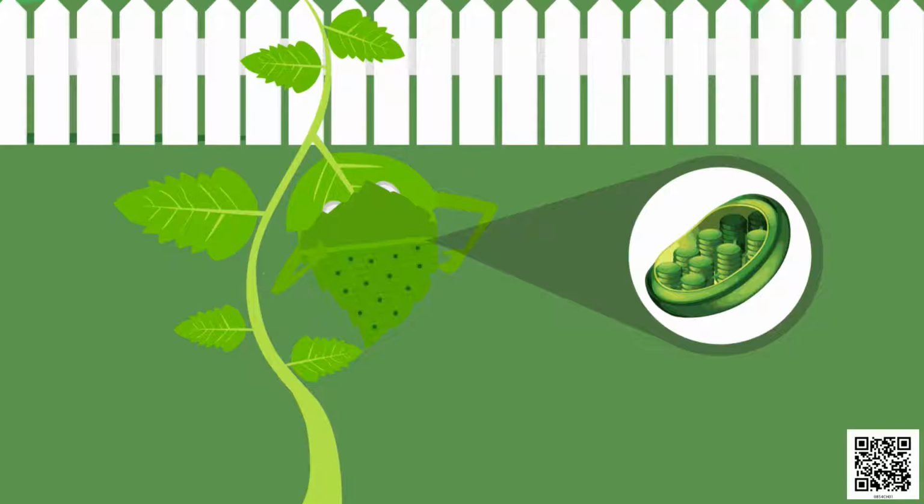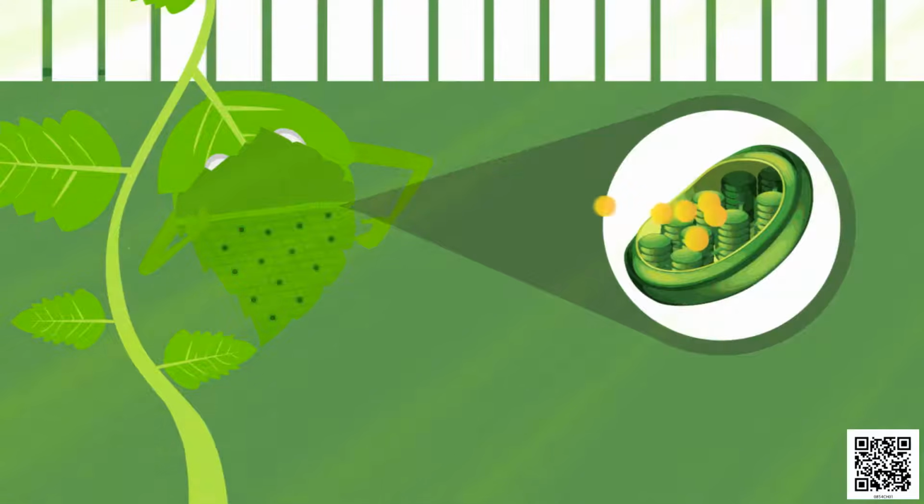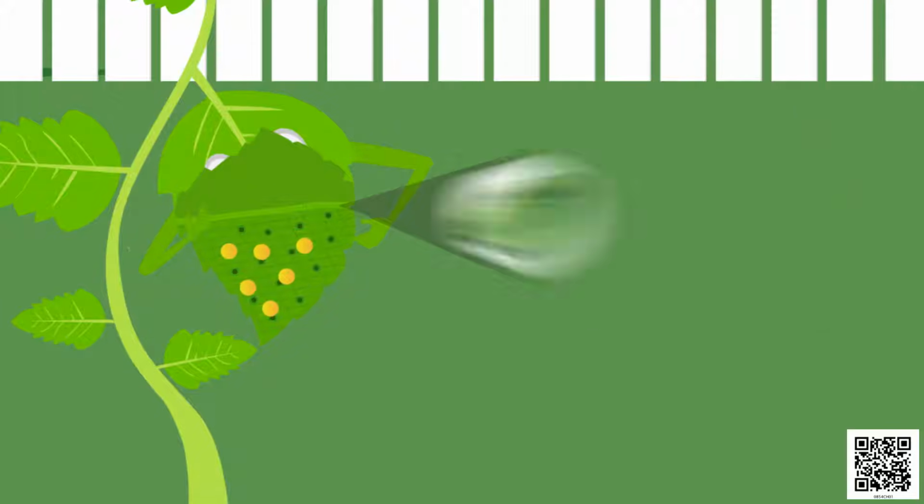These chlorophyll containing cells of plants prepare carbohydrates with the help of carbon dioxide and water in the presence of sunlight. In this process, oxygen is produced. The food is prepared in the form of glucose, which provides nutrition to the plant and helps in its growth.